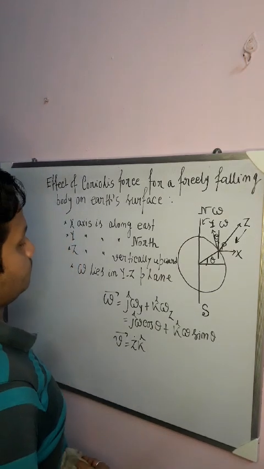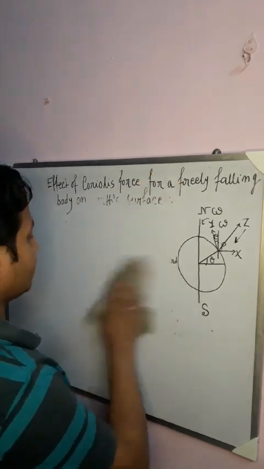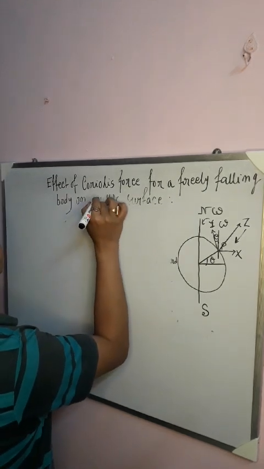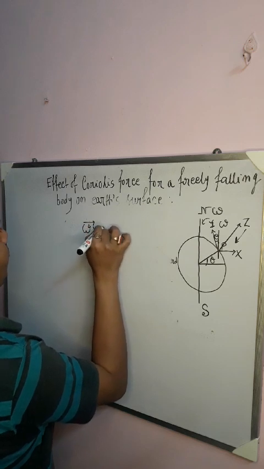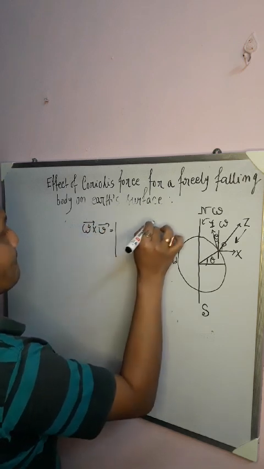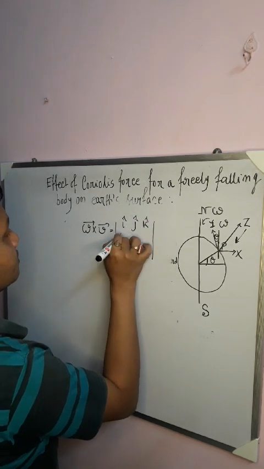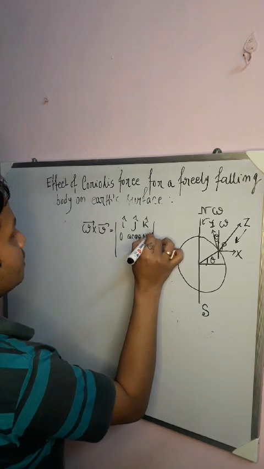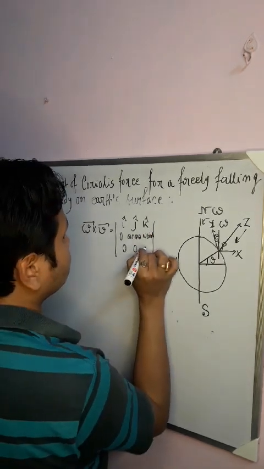Now what will be my omega cross v? Okay, this is Earth. What will be omega cross v? The determinant of i, j, k; 0, omega cos theta, omega sin theta; 0, 0, z dot.